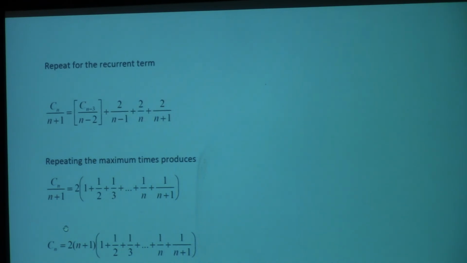And we did harmonic series in class, and we found the upper bound of the harmonic series using an integral. The summation of 1 over i, as i goes from 1 to n. Now, 1 over i means 1 over 1, 1 over 2, 1 over 3, 1 over 4, 1 over 5. It's a decreasing sequence, so that means we can bound it by an integral of 1 over x dx.